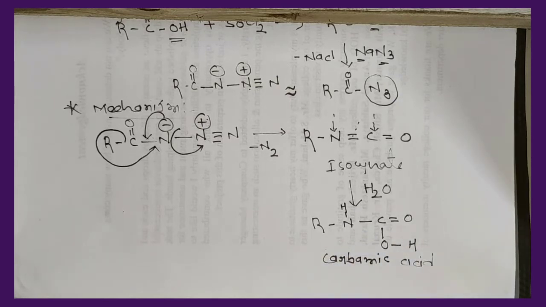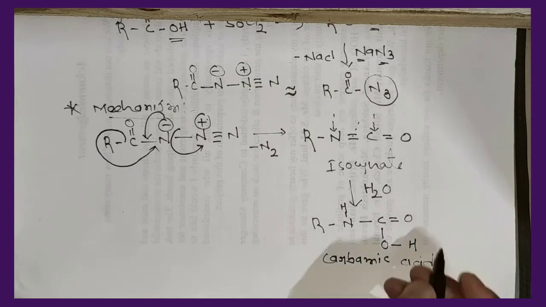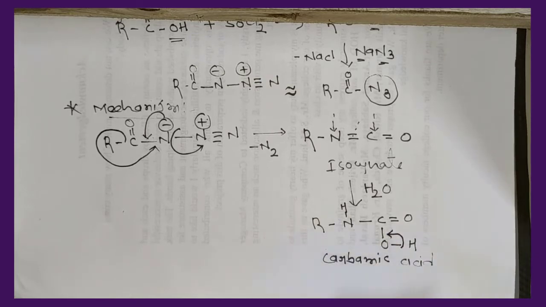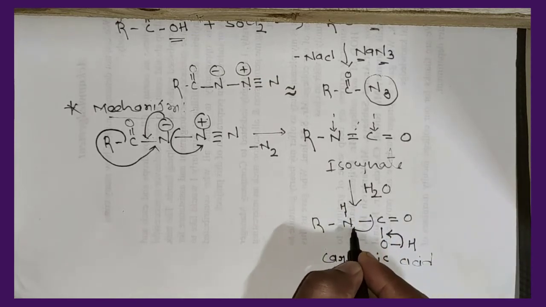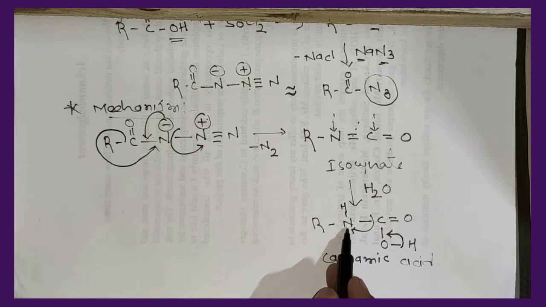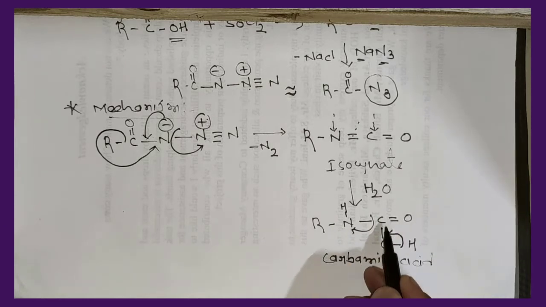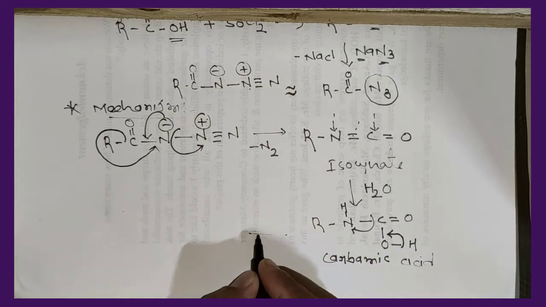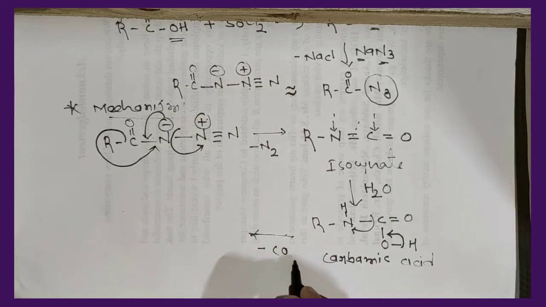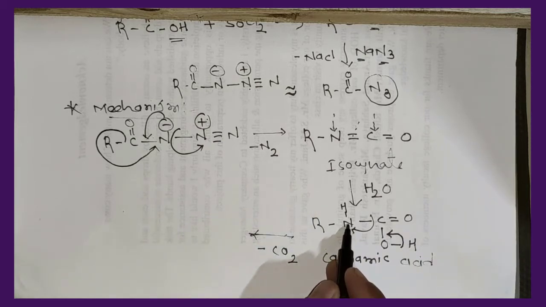Now as we know, if during the mechanism some simple molecule can be released, then always do that, right? So this bond transfers to here, and this bond transfers to nitrogen. That means nitrogen is now negatively charged. Here carbon oxygen double bond as well as carbon oxygen double bond, so CO2 is removed as a stable molecule. This hydrogen transfers to this nitrogen because it is now negatively charged.